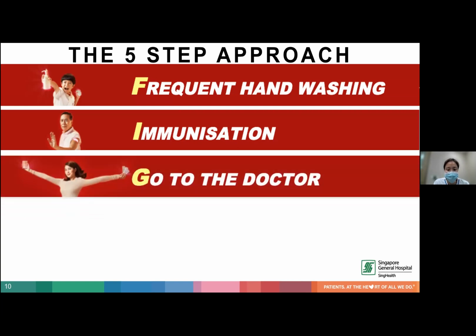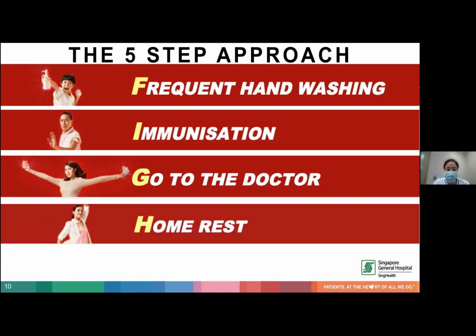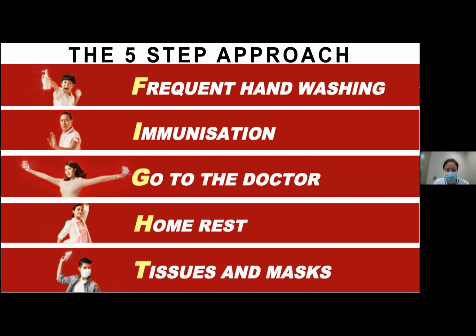And then G is to go to the doctor, so you see a doctor if the symptoms are severe. And H, very important, for home rest. And lastly, T for tissues and masks. This is some of the hygiene etiquette that we need to take note of, which will be shared one by one later on.